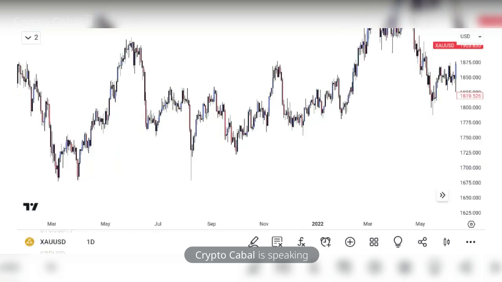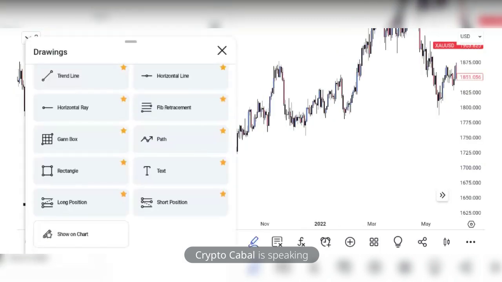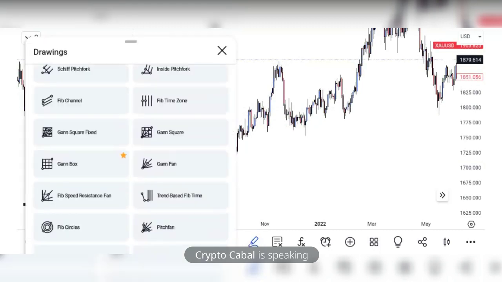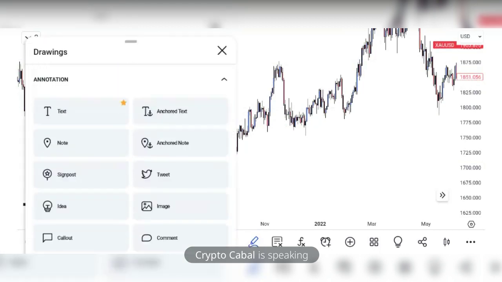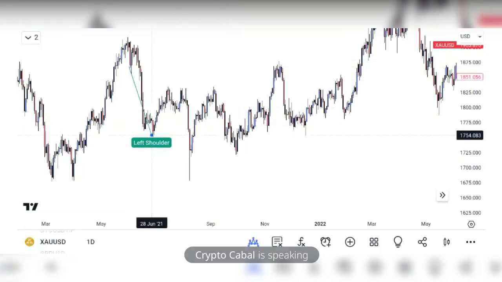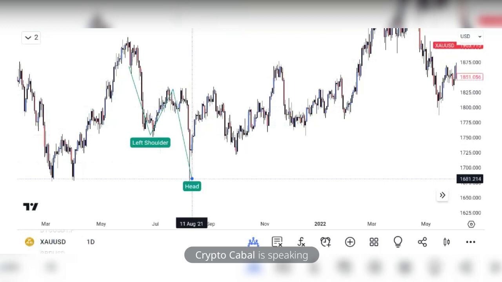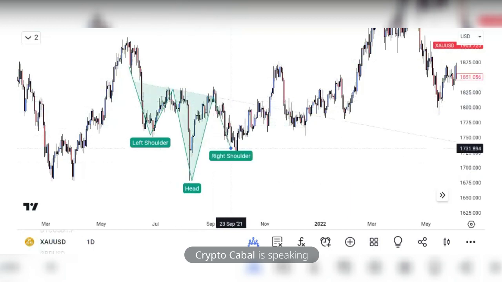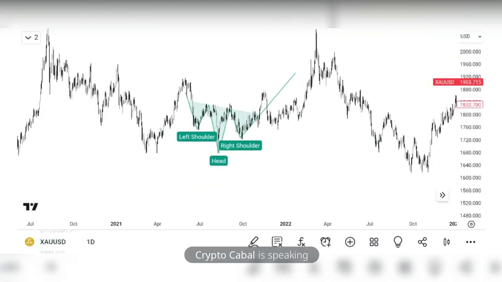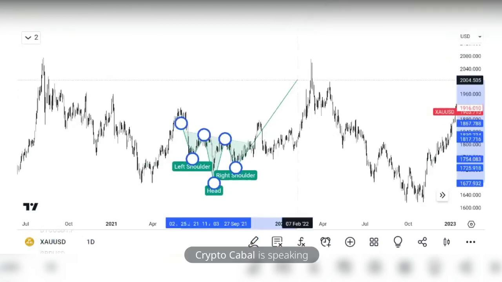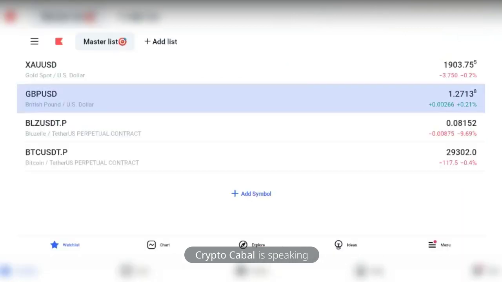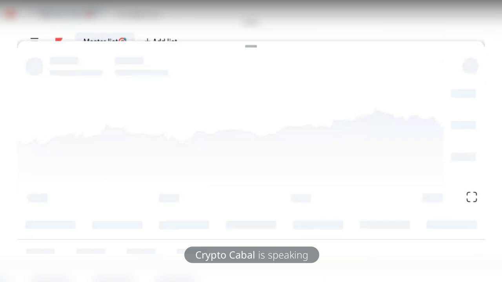Now, look at this. This is an inverse head and shoulder pattern. Let me bring out my head and shoulder pattern tool and draw it out for you. This is the left shoulder. This is the head. This is the right shoulder, and boom. Can you see? After the inverse head and shoulder pattern was formed, we have an uptrend. Same thing is going on currently on this particular pair, GBP USD.